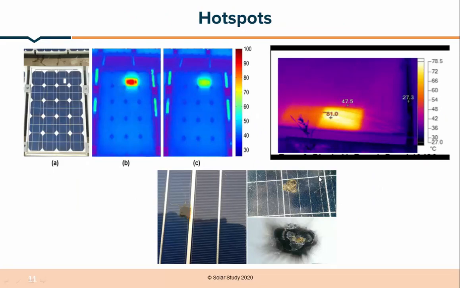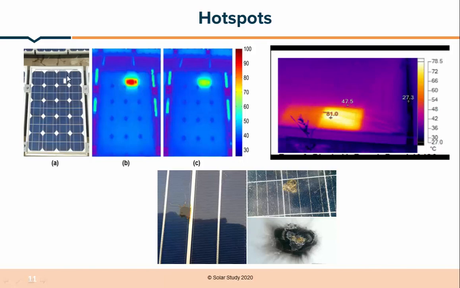Now we will see the hotspot in the solar cell. What is a hotspot? It is nothing but a hot area in the solar cell. How do we get a hot area? Suppose in this image there is some crack or defect in a particular solar cell.